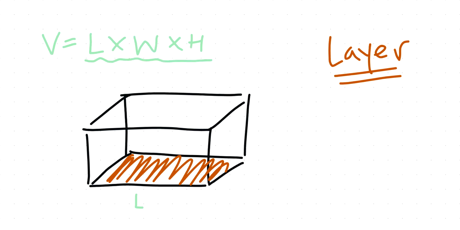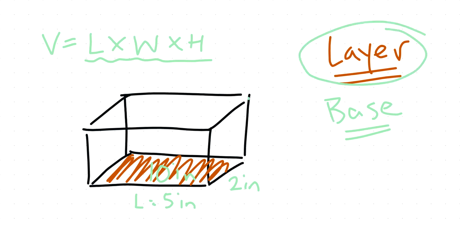So let's say our length is equal to 5 inches. Our width is equal to 2 inches, which means our base is 10 inches. So that's the bottom, right? Base is that bottom. So the bottom is 10 inches, but then we've got to think about how many layers or how many levels or how tall, right?